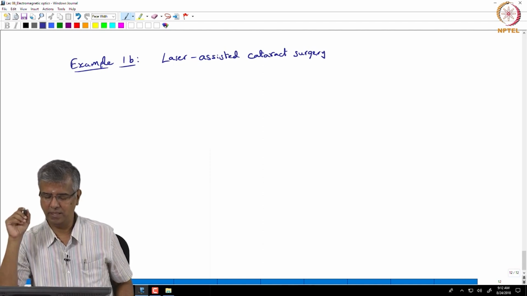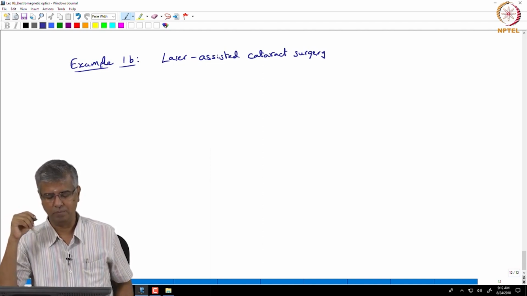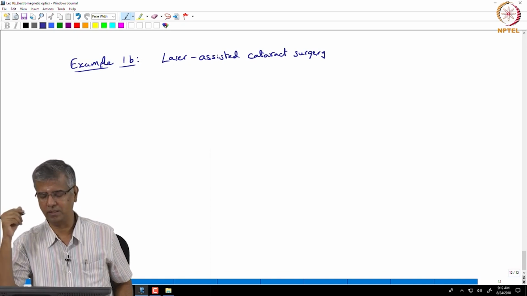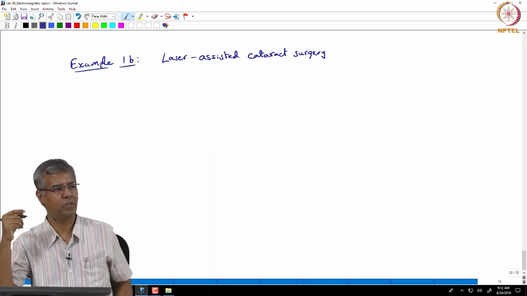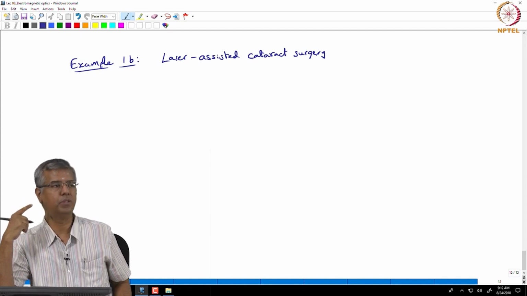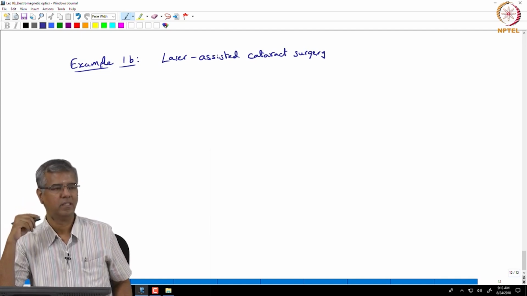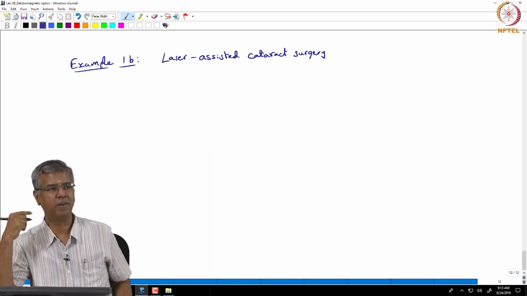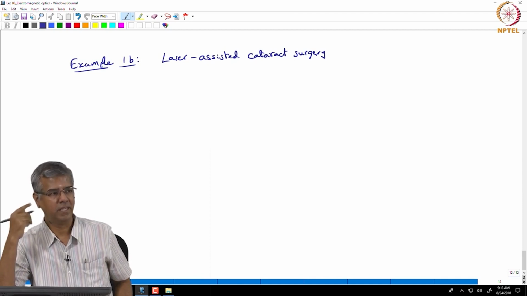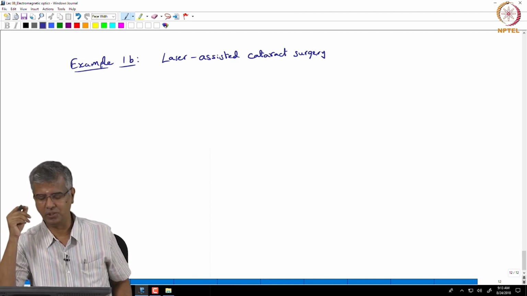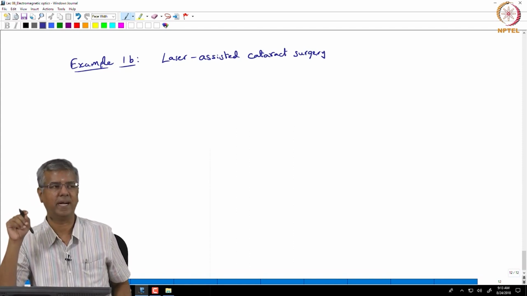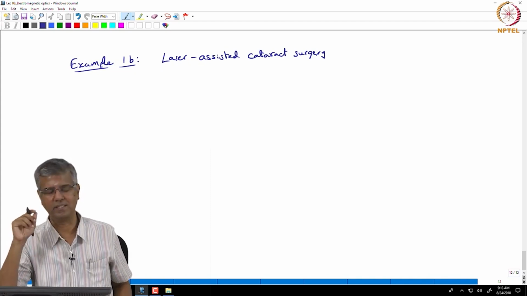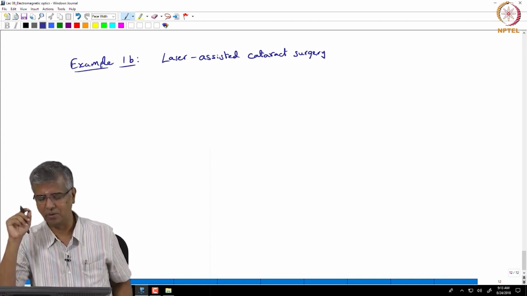We work with one of the research institutes which is doing eye research as to whether this laser can be used to ablate tissue in the eye, okay, so that you can make a very precise incision in one of the tissue layers in the eye, and through that you can do cataract surgery. Okay, so that is what laser assisted cataract surgery is all about.